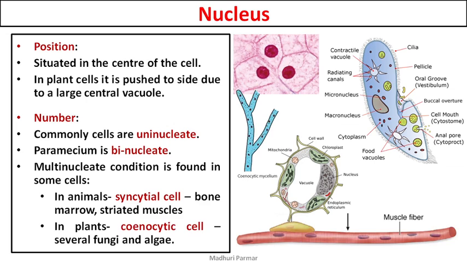In the case of plants and fungi, this kind of arrangement which has a lot of nuclei is called a coenocytic cell. It has many nuclei. As you can see here, this is just one cell which has a lot of nuclei. One thing I would like to say is that both conditions arise by fusion of single cells. You have cells called myocytes.